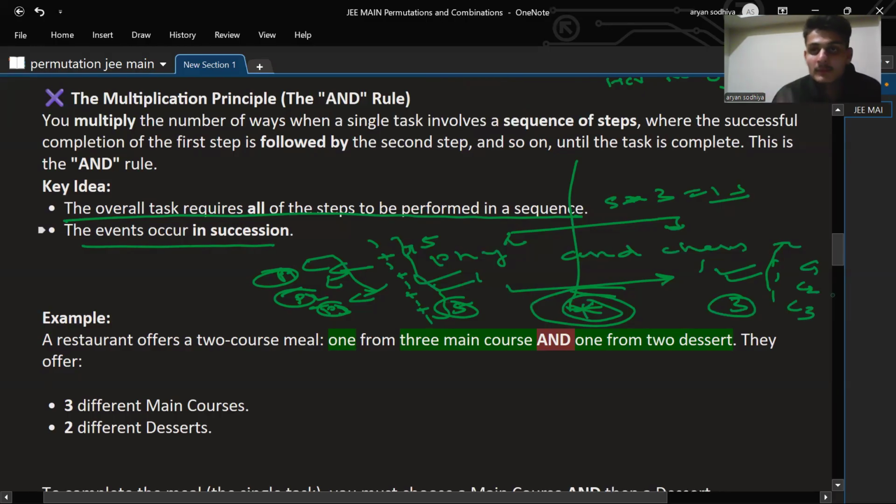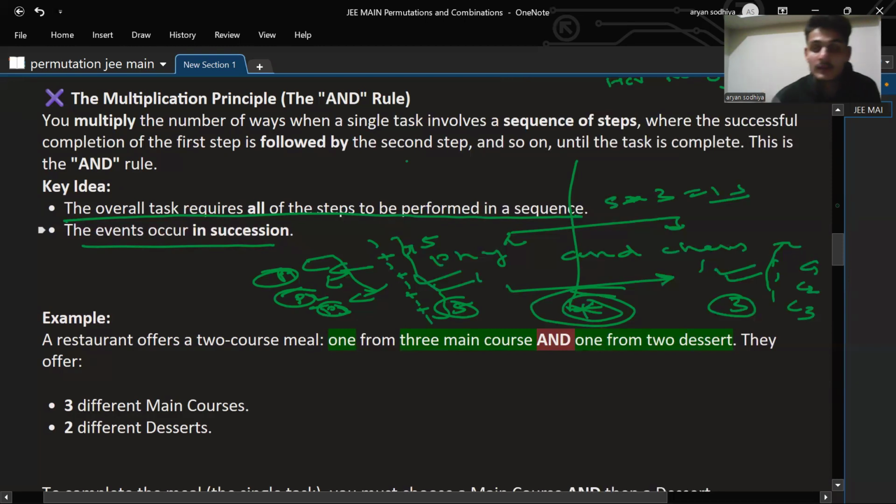Please remember this slide point. But if to complete this task I may have four ways, I will add 1 plus 2 plus 3 plus 4. Let's say here five physics books are there.